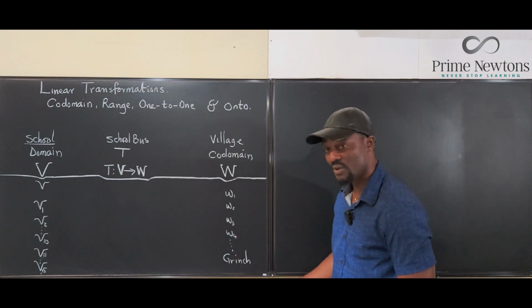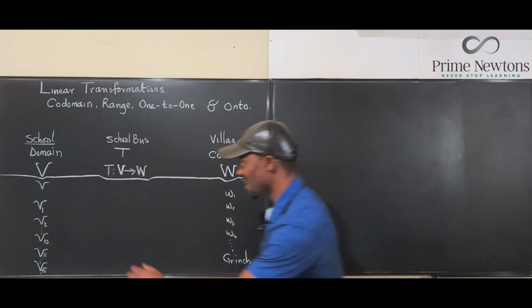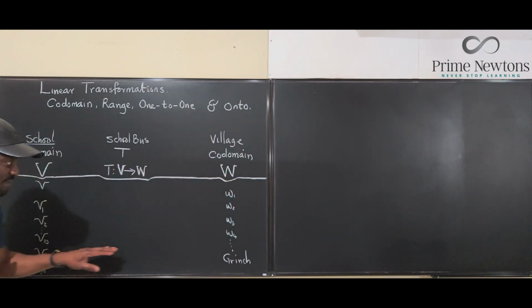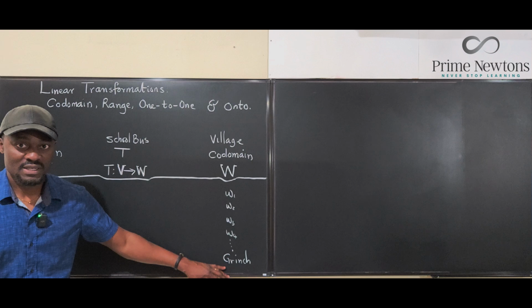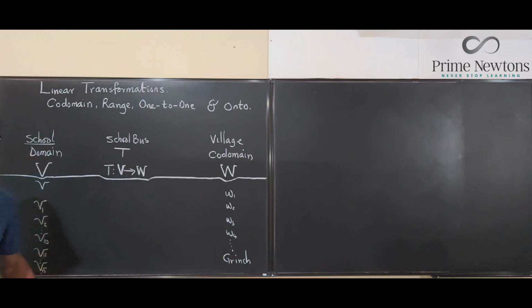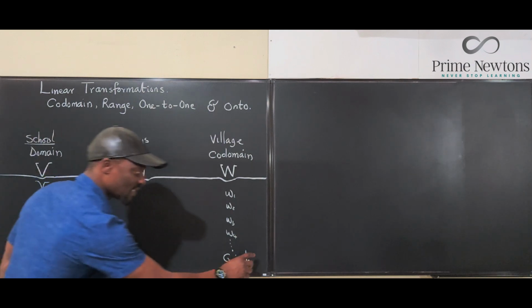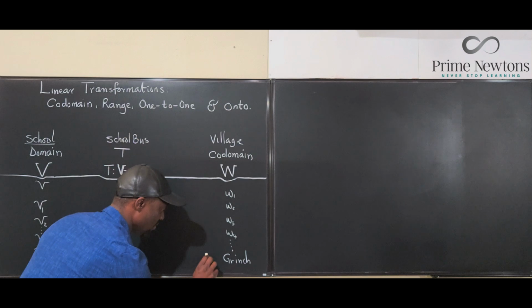They have to go live with the Grinch. The set of kids that must be taken to the Grinch are what you call the null space or the kernel. They all go to 0. So call this guy the zero vector in the village.